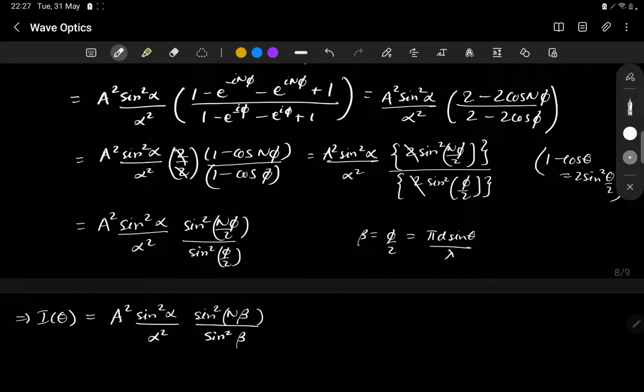Where, just to remind ourselves, I will write the parameters, where alpha is equal to pi b sine theta over lambda, beta is equal to pi d sine theta over lambda, b is slit width and d is separation between slits.